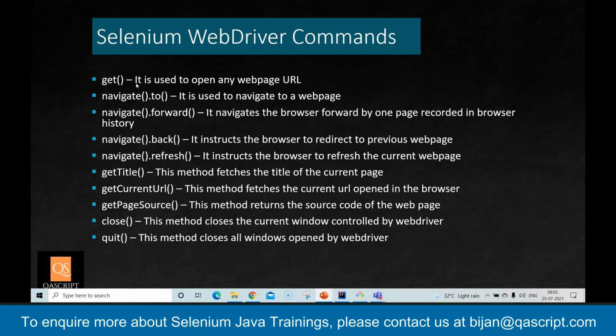Get will open a new web page URL, yet navigate to you can also use to open a web page, but it is mostly used when you have already opened a page and you want to move to a specific URL. But if you're trying to open a brand new web page URL in your scripts, then probably go for the get method.